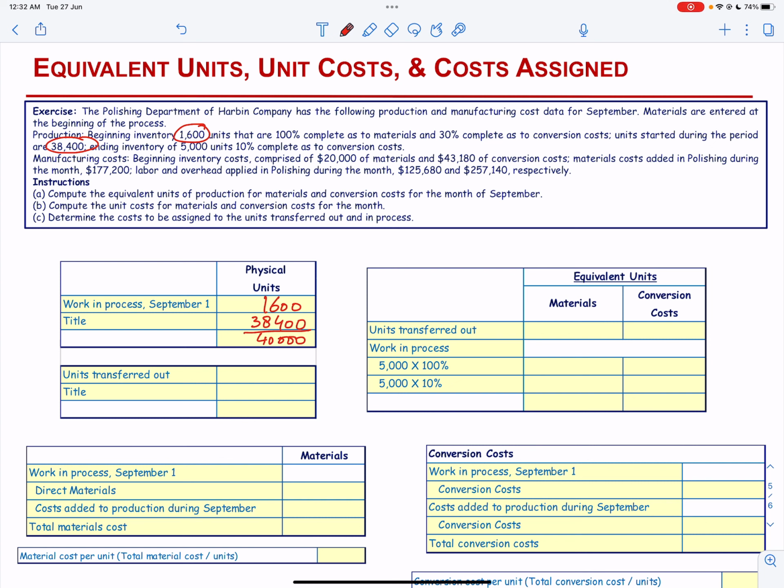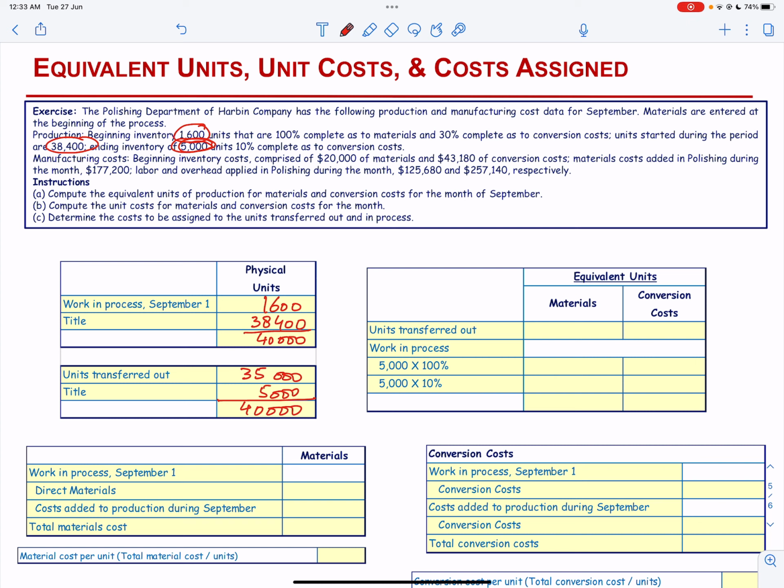Now the units transferred out in our case has to be calculated, and you can see that the total units is 40,000 and 5,000 units are the ending inventory. So the units transferred out is 35,000.